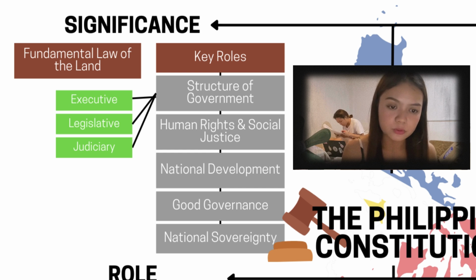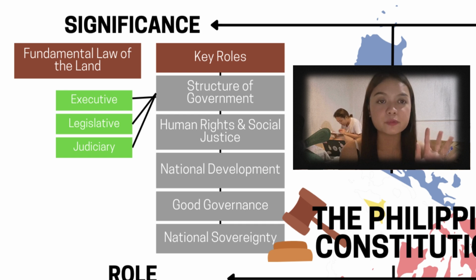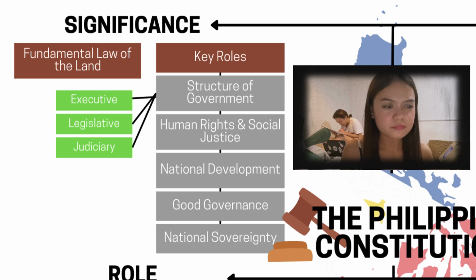The next key role is human rights and fundamental freedom. We need to protect human rights and fundamental freedom, so the Constitution ensures that people in positions of power promote the welfare of the public in terms of human rights and social justice.